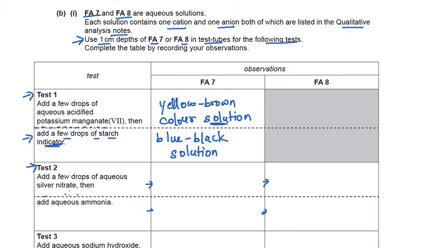Add a few drops of aqueous silver nitrate and then add aqueous ammonia. For this, refer to the notes and find out which test needs silver nitrate as a reagent, and then aqueous ammonia.